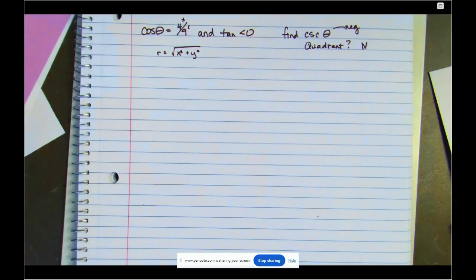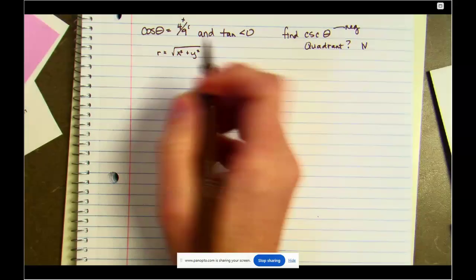Is it the square root of 65? It's not the square root of 9 for sure.